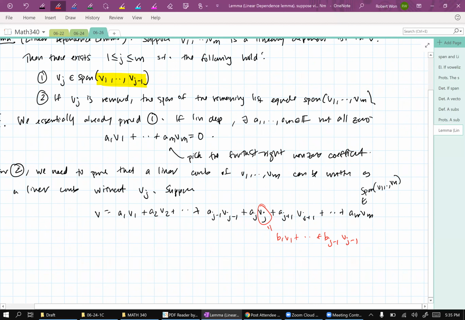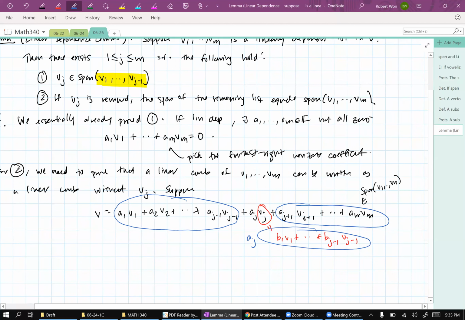Then you take these vectors plus aj times this vector, plus these vectors, and that is the same sum. You just replace vj with the linear combination of v1 through vj minus 1.